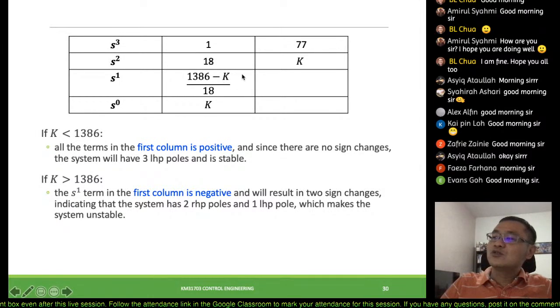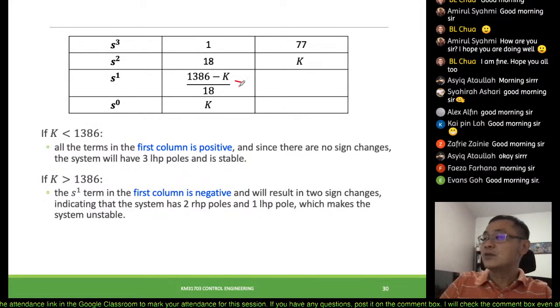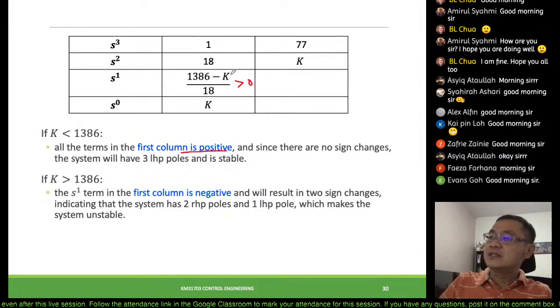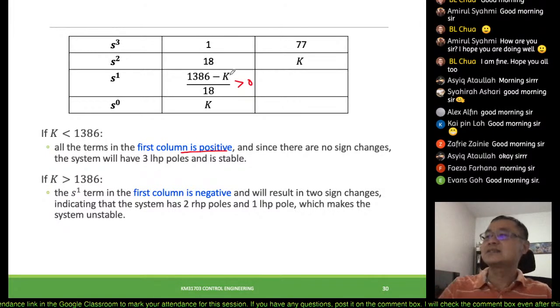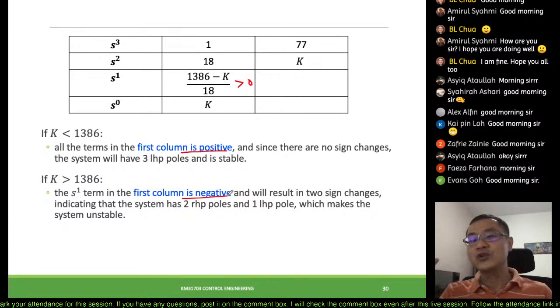So by doing that, when this value is positive, this must be positive, meaning to say if K is less than 1386, we get a positive value, right? So our first column will be all positive, okay? But if this K value is more than 1386, then it will start to turn into a negative zone, right?